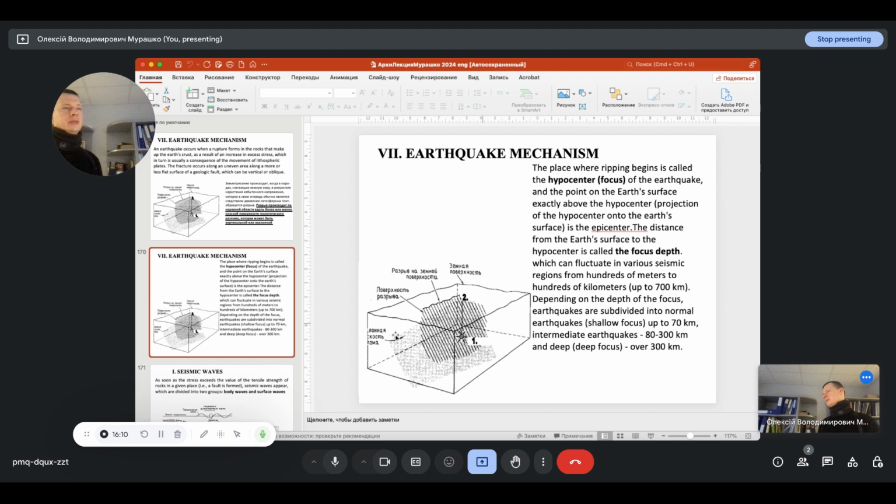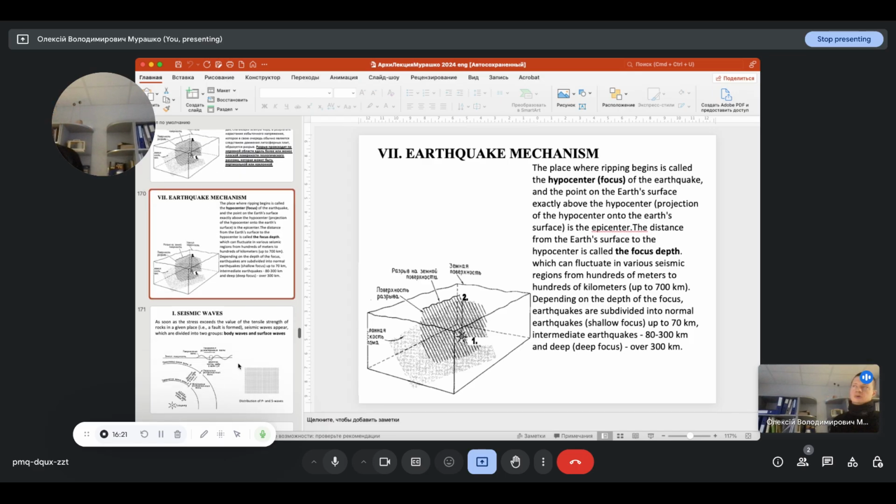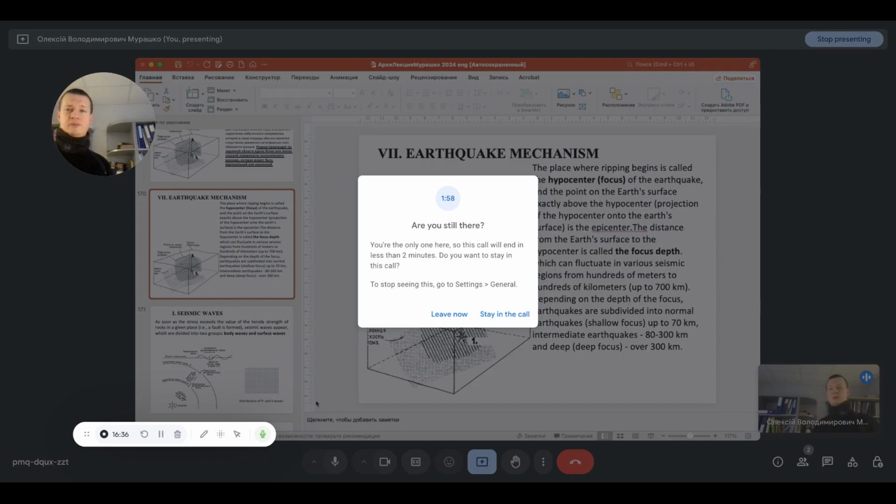And there are three types of focus location: deep focus, shallow focus, and normal focus. Normal is from 80 to 300 kilometers, and there are deep focus earthquakes with depths of more than 300 kilometers.